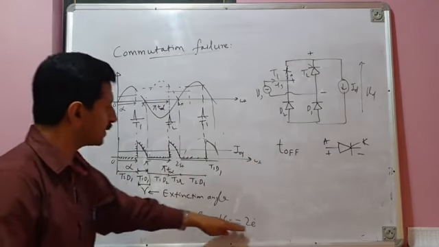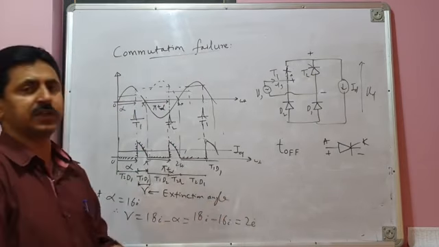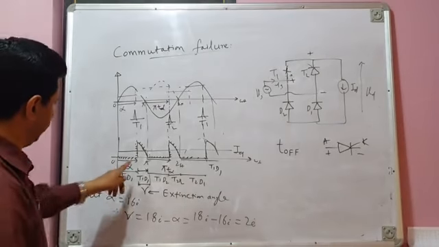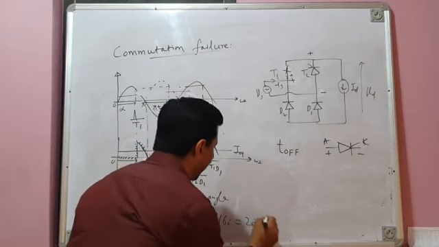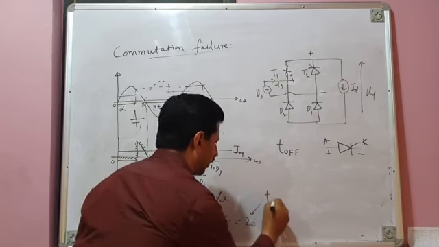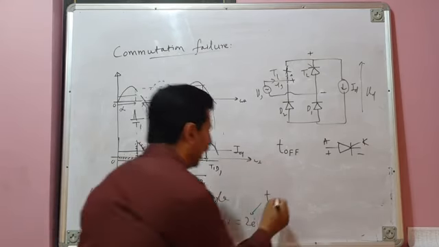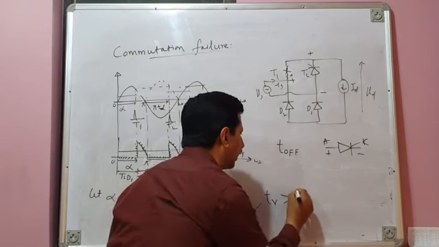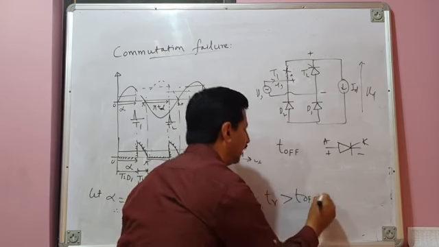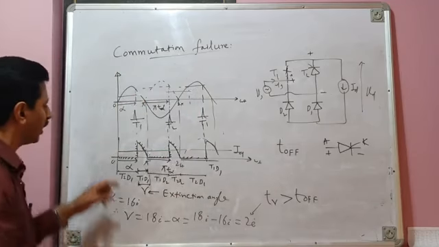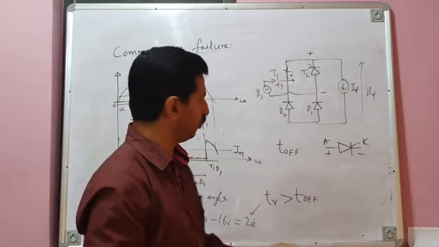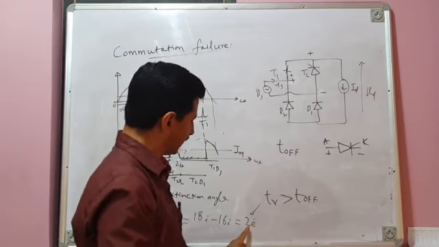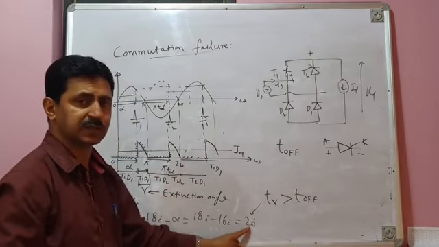So 20 degrees is in terms of degrees; you can convert this degrees into time, and let us call this time T gamma. It will definitely be greater than the turn off time of the device, and it will ensure that the reverse bias is applied across thyristor T2 for a time T gamma, which in terms of degrees is 20 degrees.